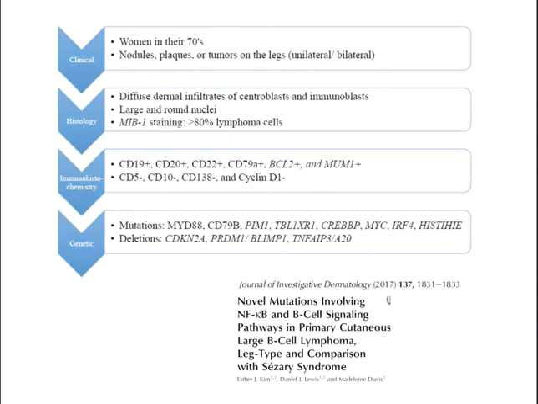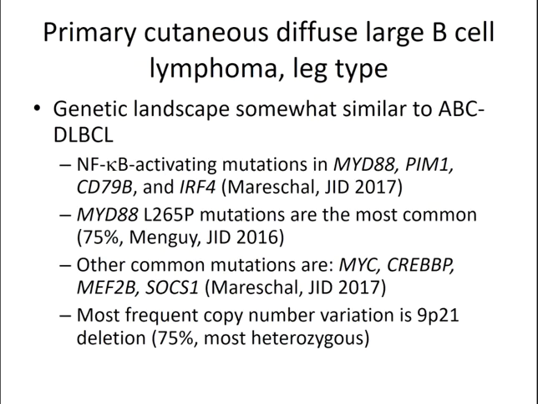Now, the beauty of this tumor is that now we know a lot more about the genetics. This is the clinical, this is the histology that I mentioned. And in terms of genetics, remember this mutation, MYD88, that, as you know, can happen in other entities too, like Waldenström macroglobulinemia, for example.